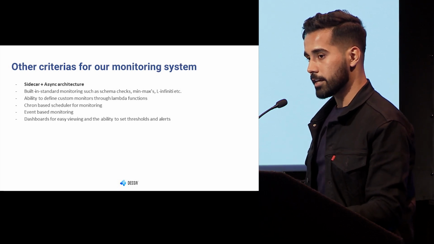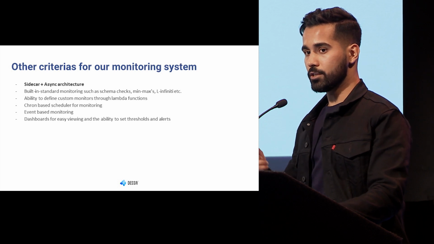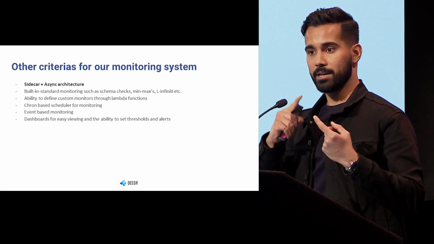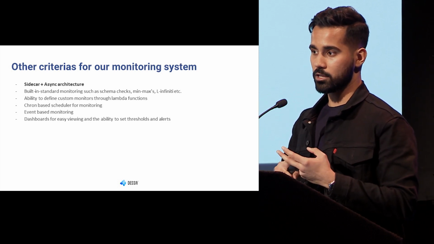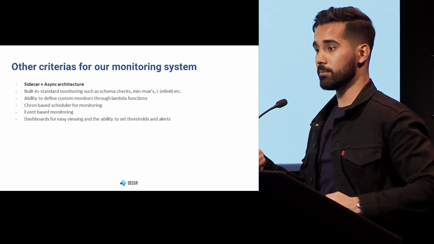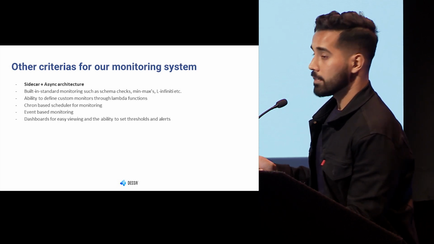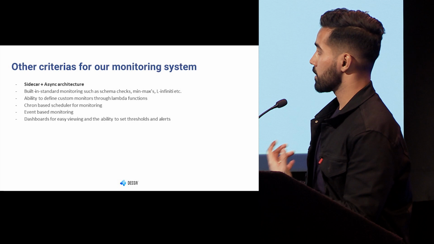Before I jump into the architecture of Orbit itself, I mentioned that we need to be able to monitor bugs in the pipeline, which is through data contracts and concept drift. But there's also other criteria that we need to think about before we build the monitoring system within the company, right? The first thing is it needs to be a sidecar or async architecture.